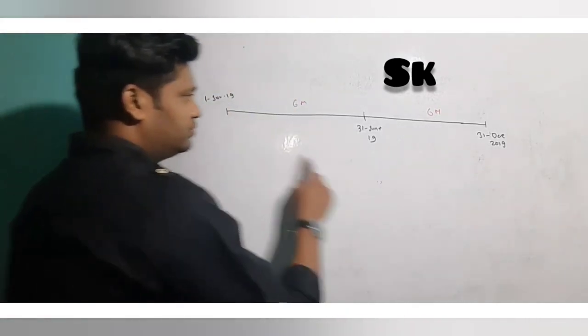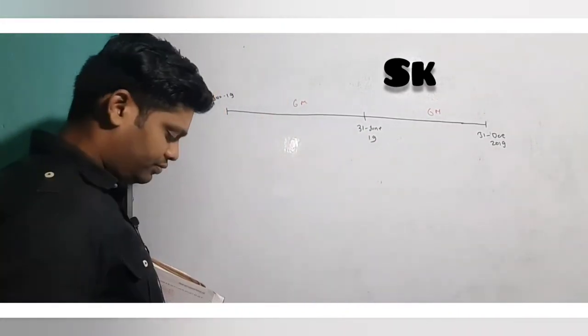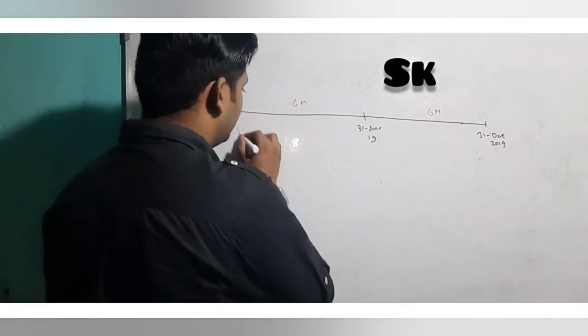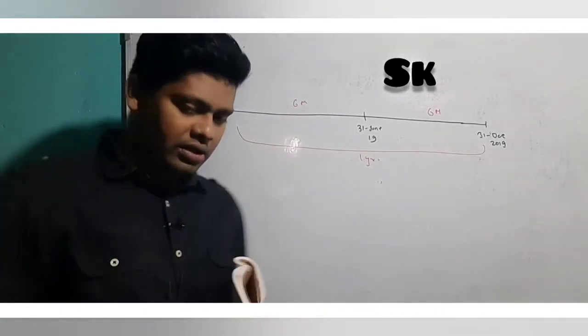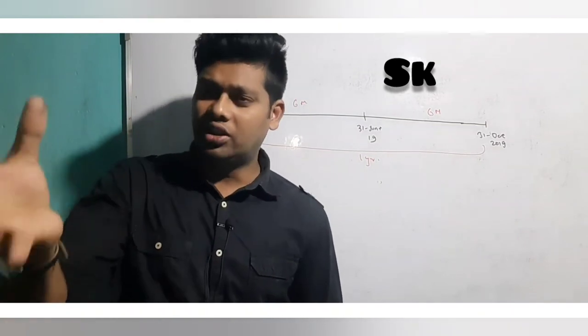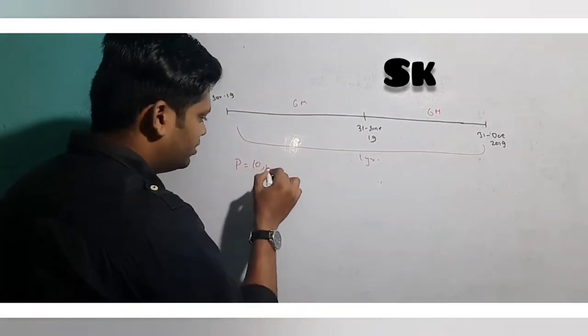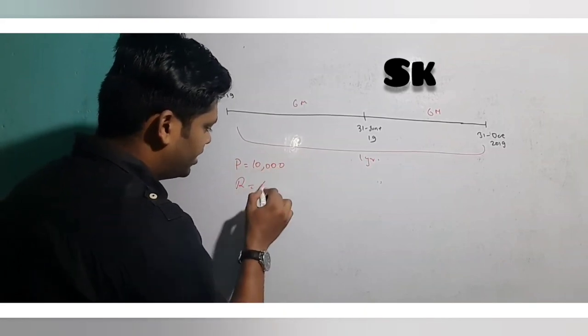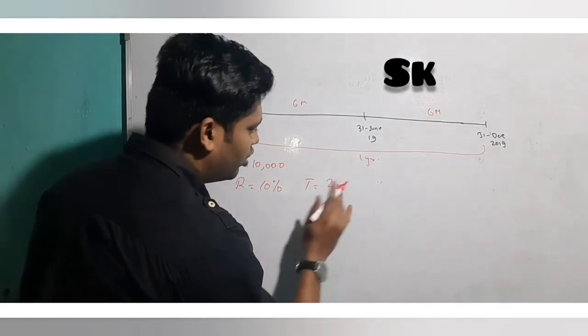Now they are saying from year to year, how much? Directly 1 year. From year to year, 1 year. If they are saying that I have taken a principal of 10,000, for example, rate of interest is 10%, time is 2 years, or you can say 1 year.